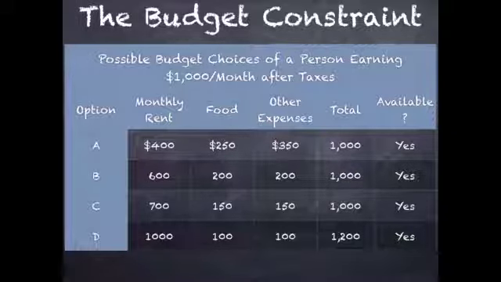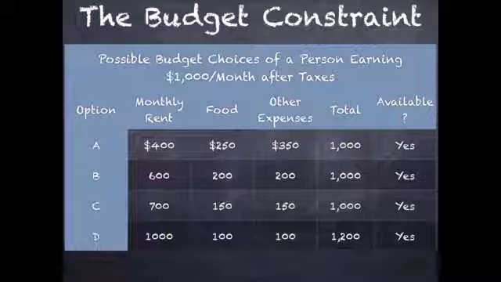So this person, let's say, has $1,000 a month to spend. Option one, they can afford to pay $400 a month in rent, $250 a month in food, $350 in other expenses. So that is $1,000 total.